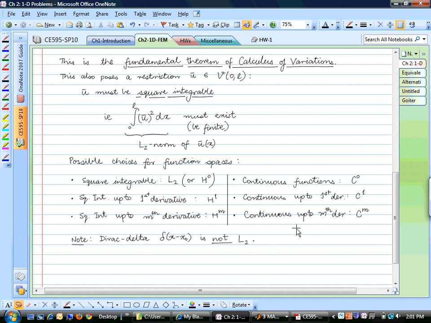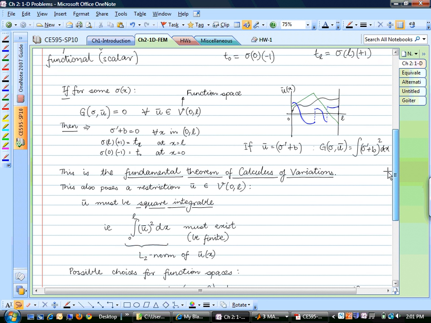And actually in beams and plates, we have fourth order derivatives. So in those cases, we will care about C2 continuity for our shape functions. But we'll get there when we get there. This is just a nomenclature of how people choose the spaces these functions can belong to.